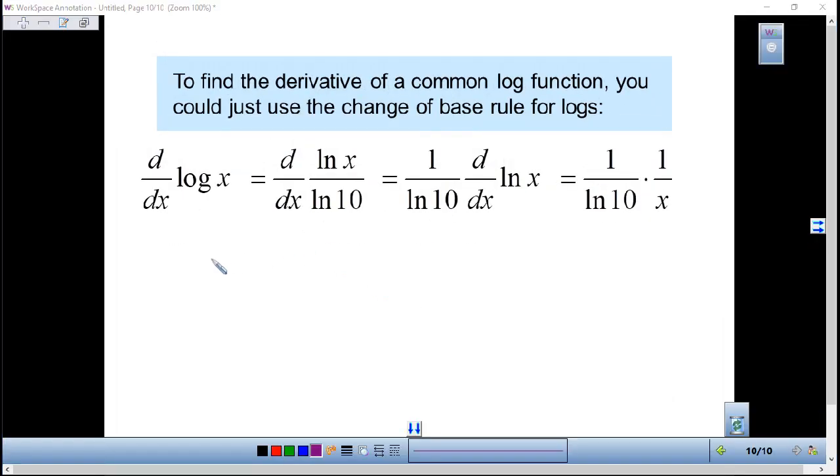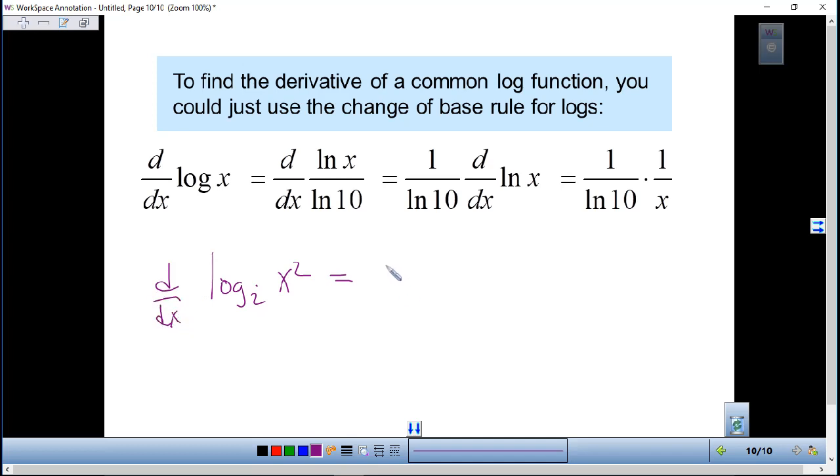So if we were to take, not natural log, let's say the log base 2 of x squared. Well, all we're going to do is take the log of x squared. We take its derivative.